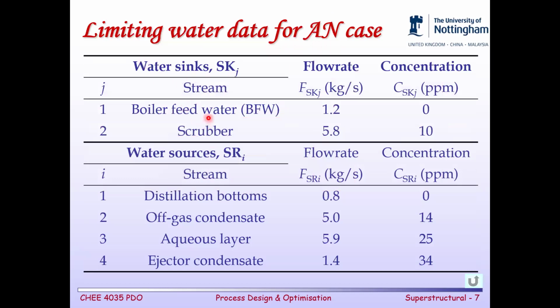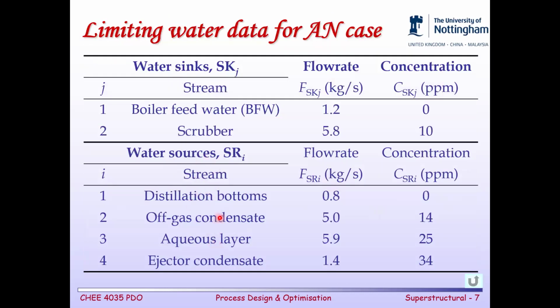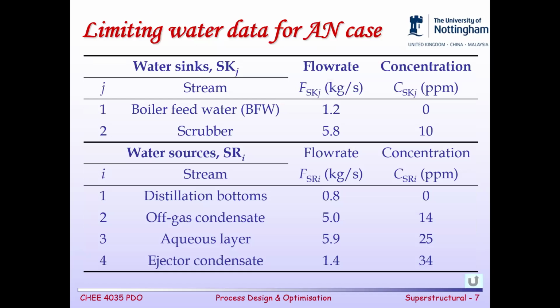If you remember, the boiler feed water and the scrubber are the sinks here, so they require water right here. And we have the sources. The sources would be the off-gas condensate, the aqueous layer, the bottoms, and also this condensate. So these are the sources of the wastewater to be reused.